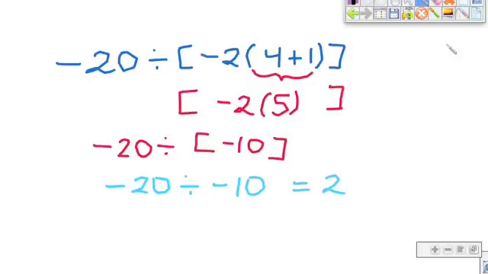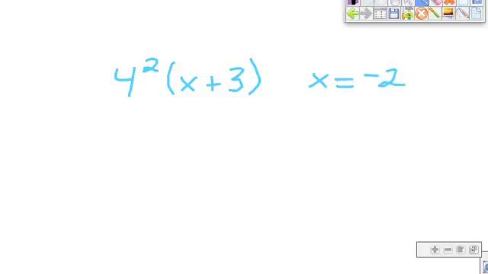All right, then you have some problems with substitution. So let's try this one substitution problem where we have an exponent and we're told that x equals negative 2. So let's do the exponent first. We get 4 times 4 is 16. Now let's substitute.